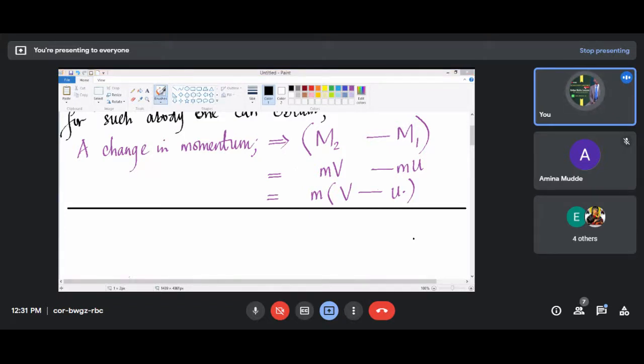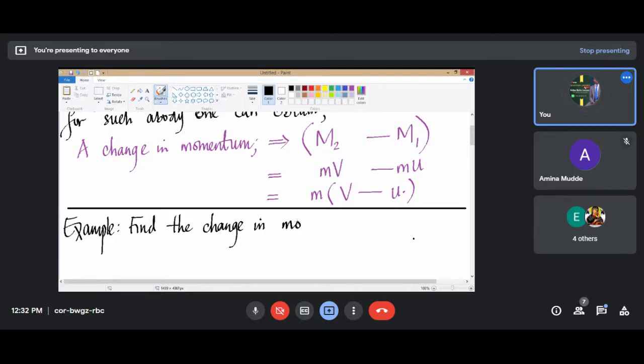For example, let's have an example straight away.